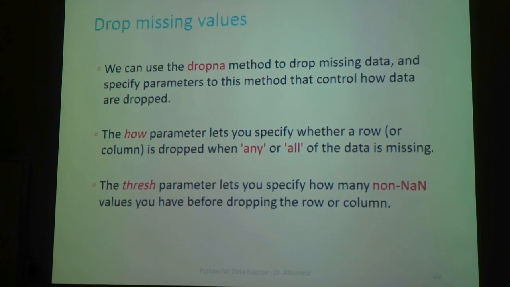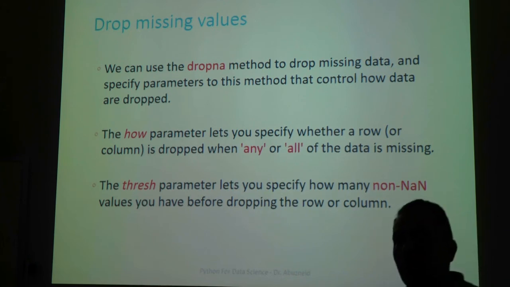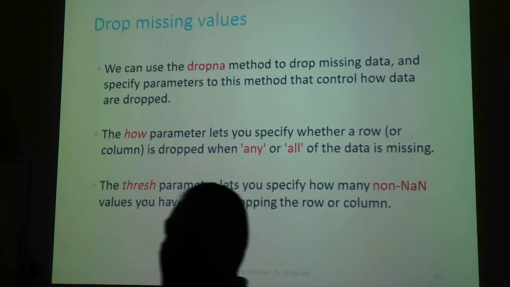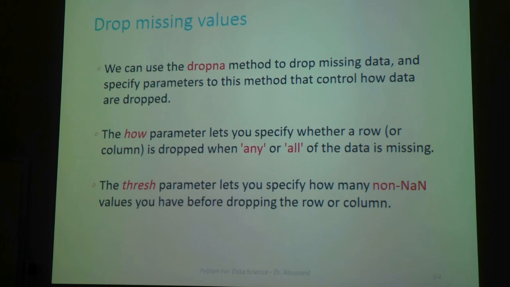So you could make a decision that, I have a row with missing values, whenever you have a missing value, drop the whole row. Or if it's all missing, like all the records are missing, why do you need it?